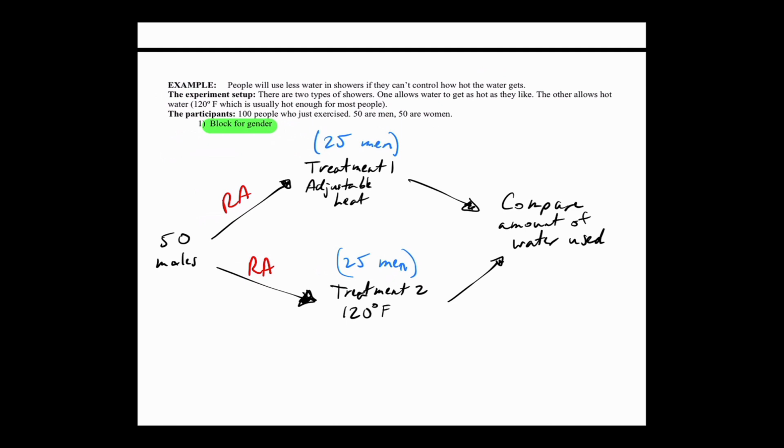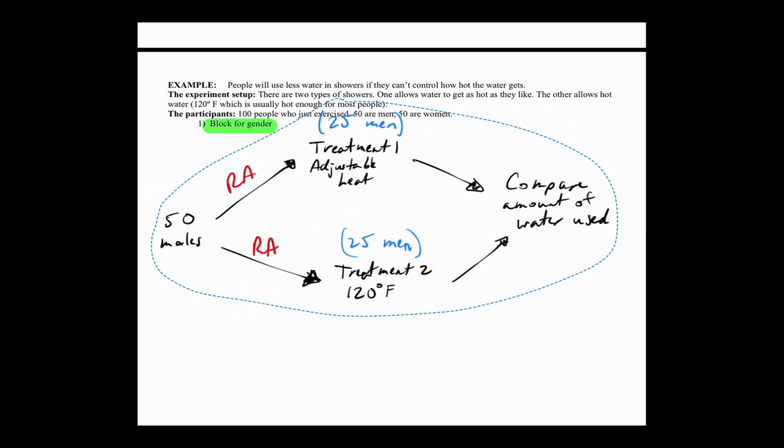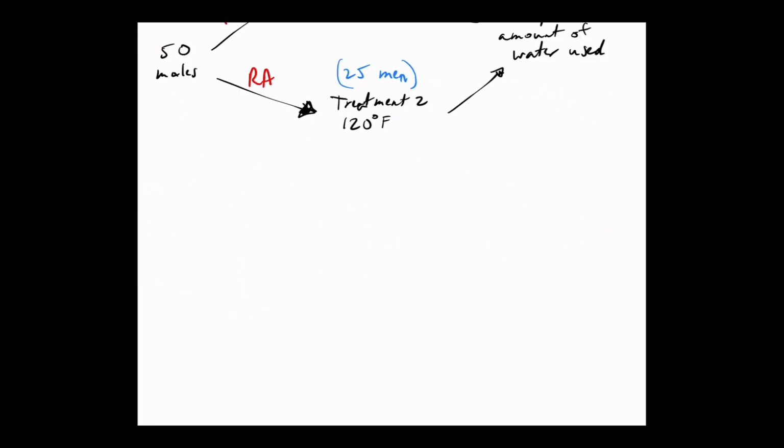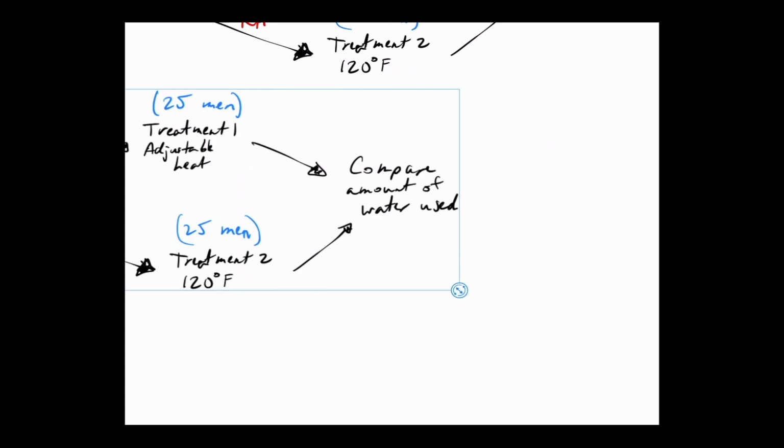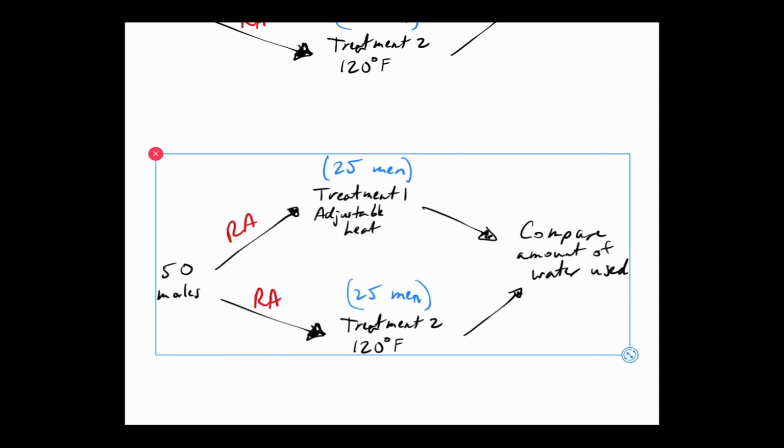The nice thing about this one is it's going to be the exact same thing just for women. So we're going to draw the same setup we did here. It's the same exact experiment. I'm not changing anything about the experiment. Why am I doing it twice? Because I don't want to mix male data with female data. I don't want to mix them.